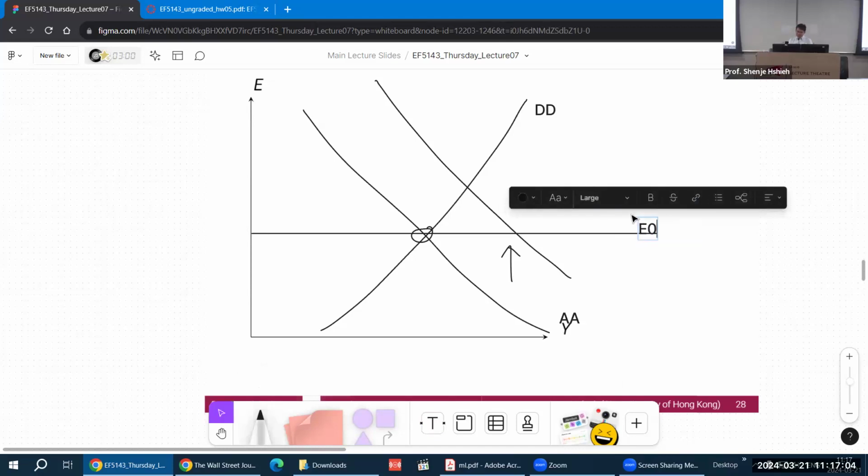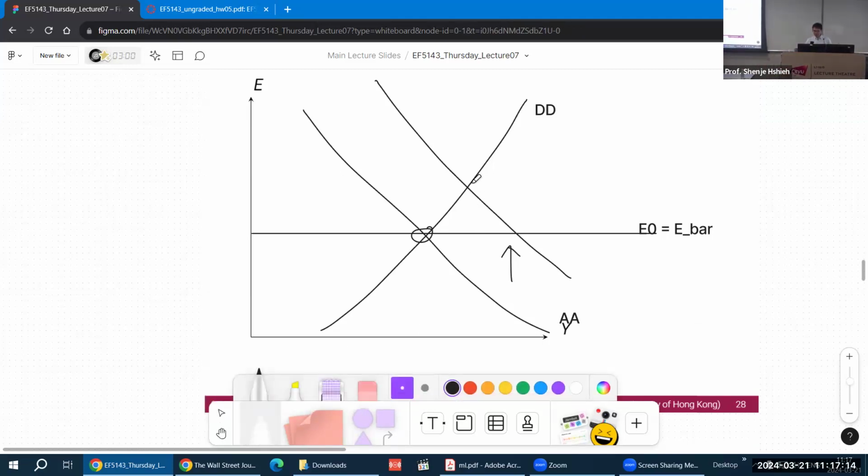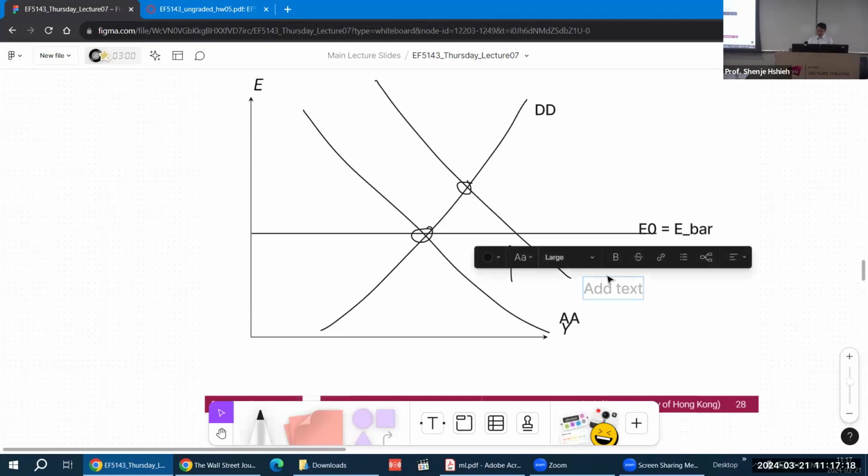This is E naught, E bar equals E naught equals E bar. If the central bank does nothing, we will be here. That would undermine the central bank's credibility. And so we need to find some way to reverse it.